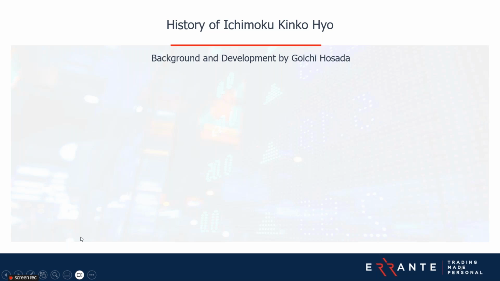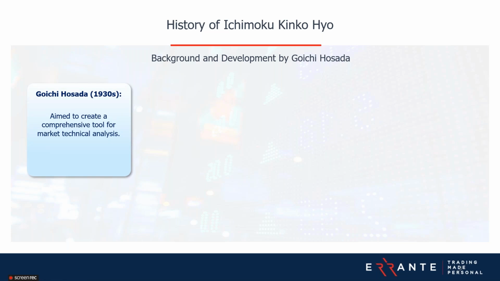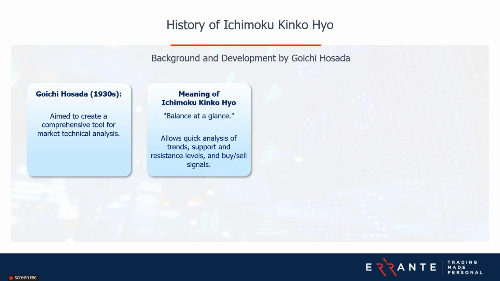Okay, now that you're familiar with the overall course, let's take a look at the history of Ichimoku Kinko Hyo for the beginning. This system was developed by Goichi Hosoda, a Japanese journalist, in the 1930s. Hosoda aimed to create a comprehensive tool that could simplify and enhance market technical analysis. Ichimoku Kinko Hyo translates to "balance at a glance."